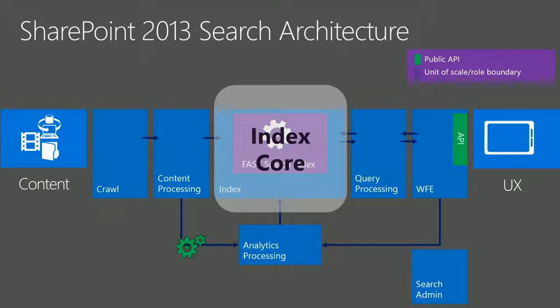One of the things that's interesting about the index core as it is now in SharePoint 2013 versus previous releases is that it takes about 1/7 of the IOPS that it used to require. So this gives us the ability, in most of the reference architectures we're going to show, to really excel on virtual machines and in SAN environments.